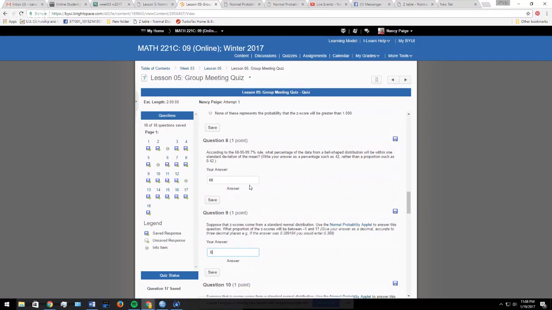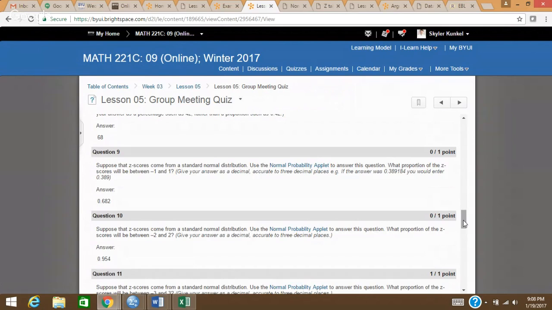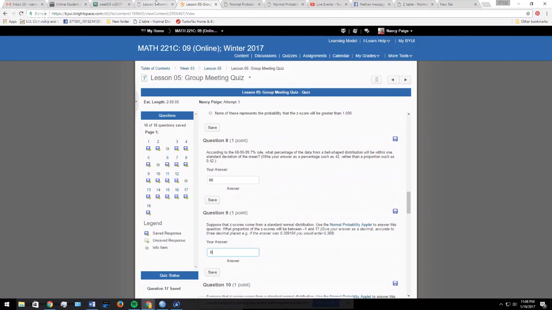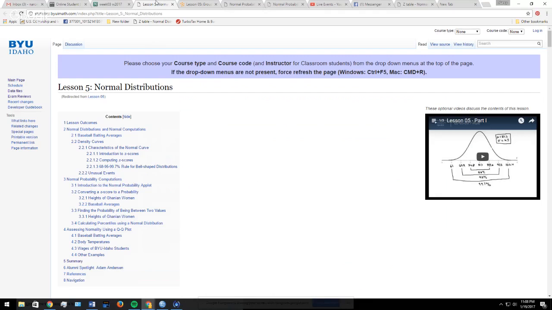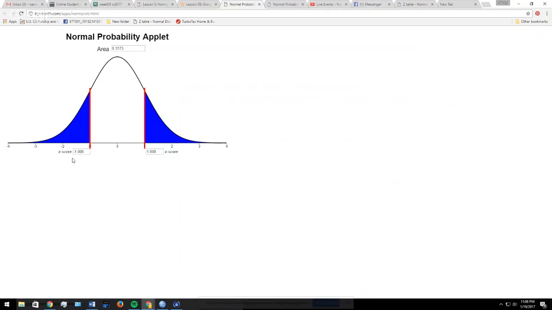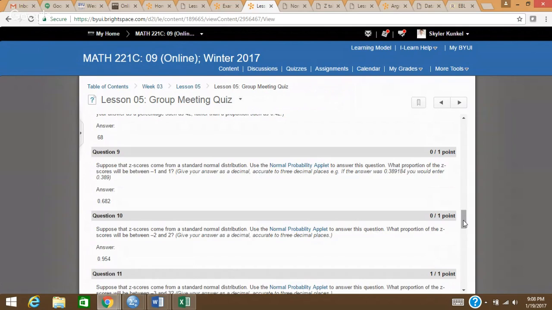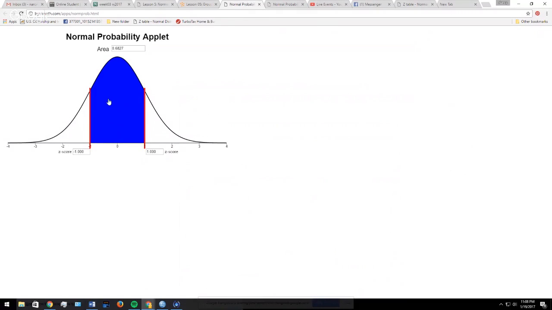What portion of the X scores will be between negative 1 and 1, the area between would be this.